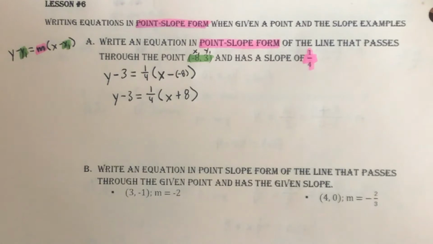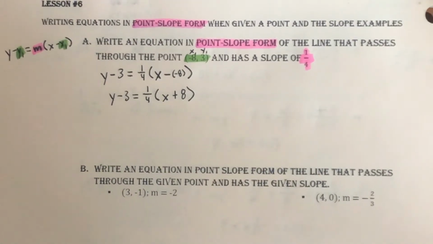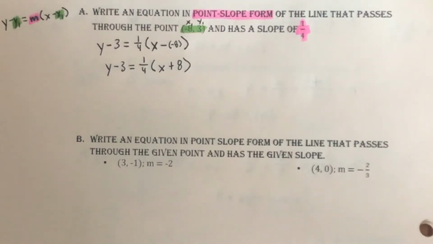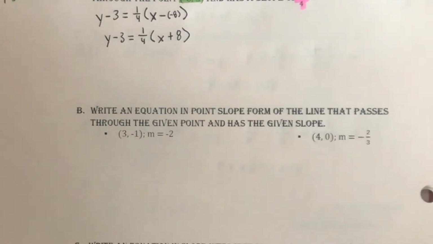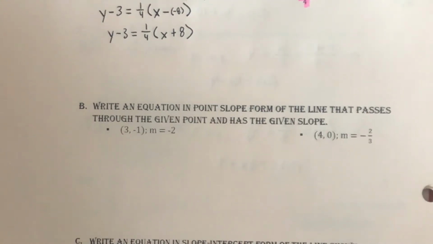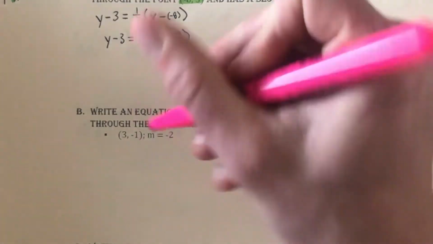All right, now we've got example B here, so I'm going to move this up just a tad. Example B actually has 2 problems underneath it, so we're going to work through both of them. All they want us to do is write it in point-slope form.